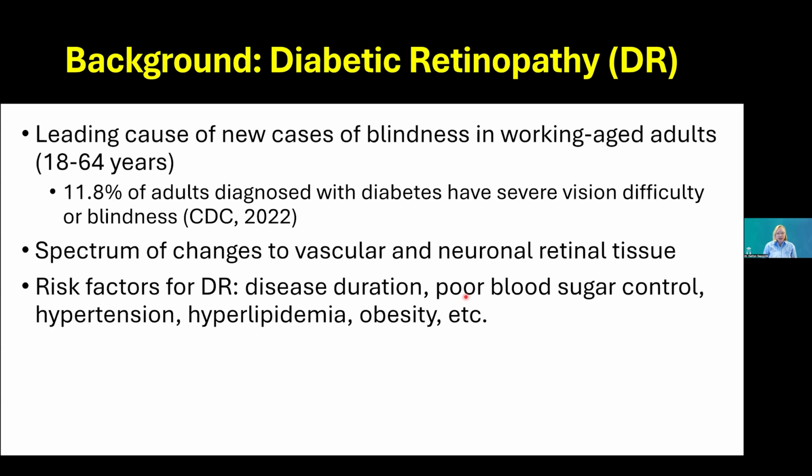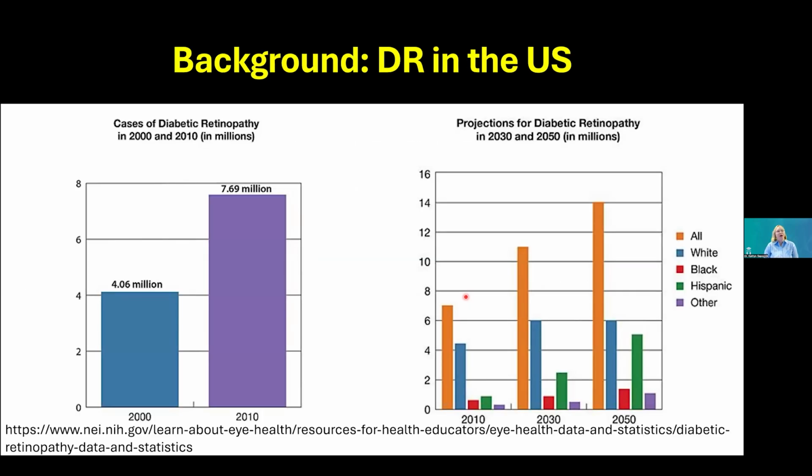Clinically, we really grade this as the spectrum of vascular changes that occur in the retina, but it also affects the neuronal retinal tissue as well. Now, the cases of diabetic retinopathy in the United States from the year 2000 to 2010 almost doubled, and by 2030, which we are nearing, and 2050, those rates are still going to continue to increase among all demographics.